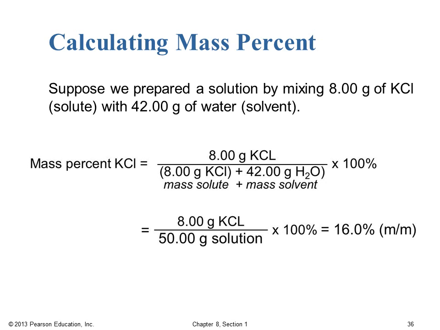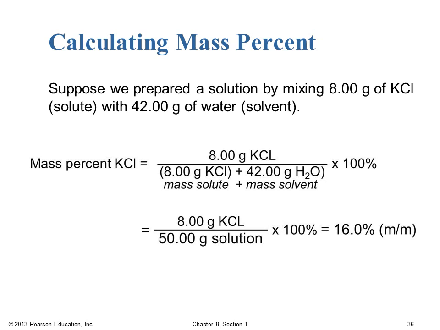Then we have to figure out the mass of the solution, which is made up of KCl and water, so we add them together: 42 plus 8 is equal to 50. So we take 8 divided by 50 times 100 to get 16%.